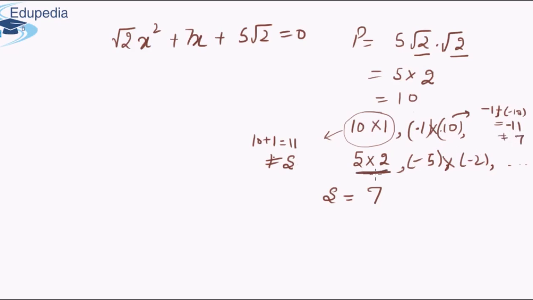If we pick 5 into 2, we'll get 5 plus 2 as the sum, which is equal to 7, the sum required by us. Therefore, this 7 of the given quadratic equation, say Q, can be broken down as 5 plus 2.